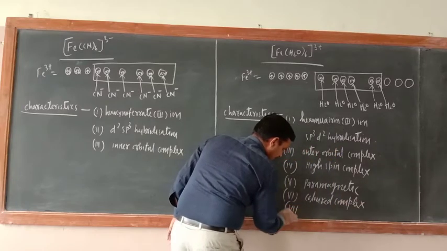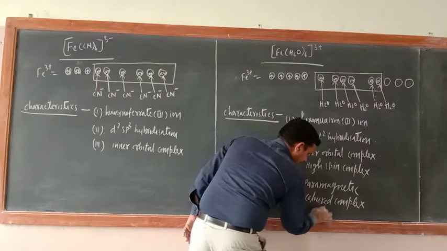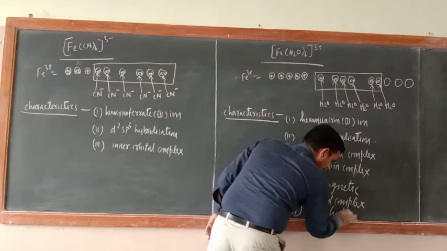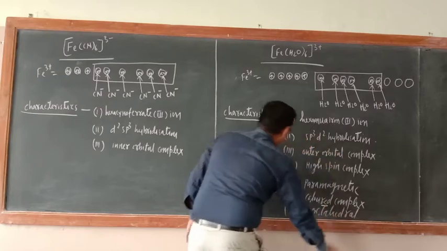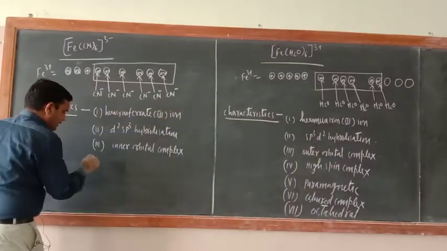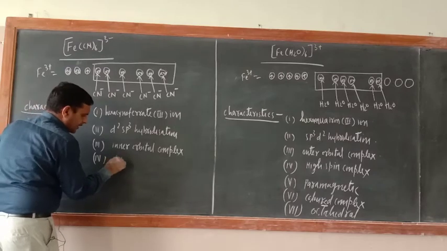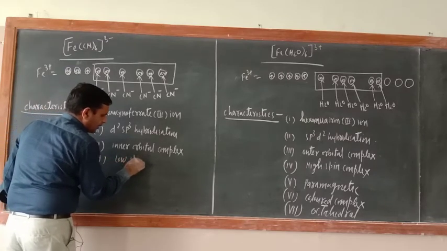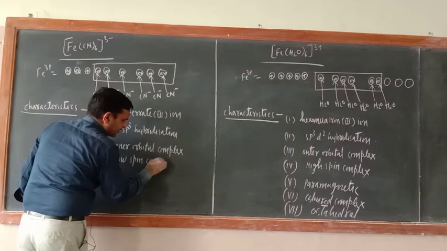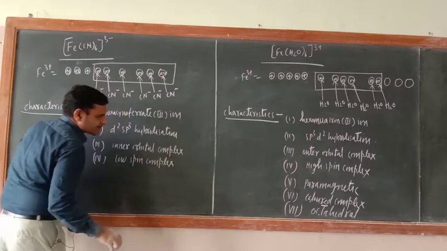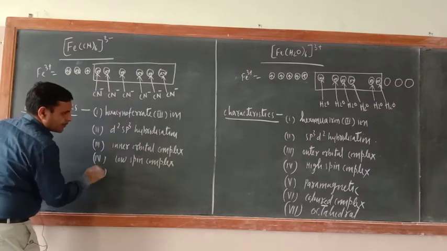What is the next number? Octahedral. Here what is there? Fourth number, inner orbital complex, low spin complex. What is the next number? Fifth number.